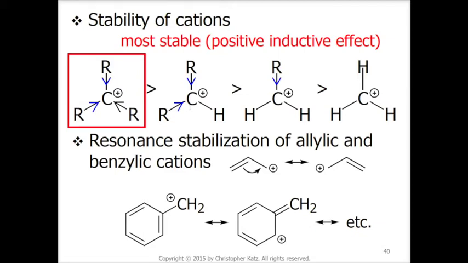Now the book uses the term inductive effect, and that's absolutely what it is, but we know this by another word, and we may have used it already: hyperconjugation. Hyperconjugation is another way to express this positive inductive effect.